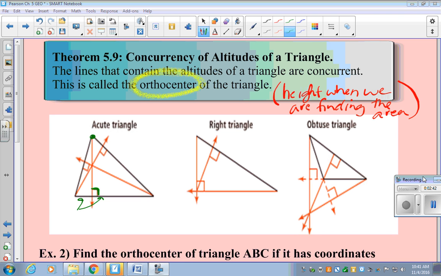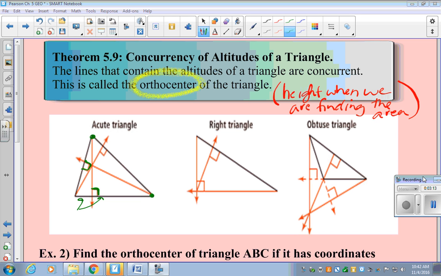We find the line that goes through the vertex and is perpendicular to the side. Then we rotate our triangle. When you're doing it on a piece of paper, you just rotate your triangle and do that same skill: make a perpendicular line from the vertex to the side.